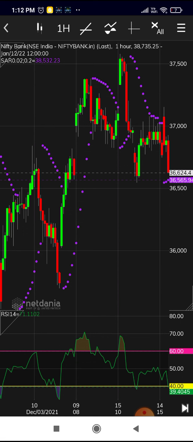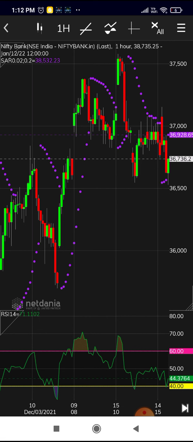The RSI value has gone below 40. It is at 39.4, right? In the next candle you have to make an entry, because the RSI has gone below 40. So now see what happens in the next candle.